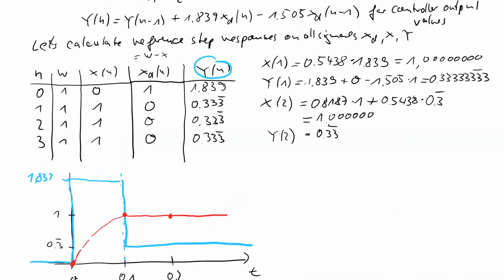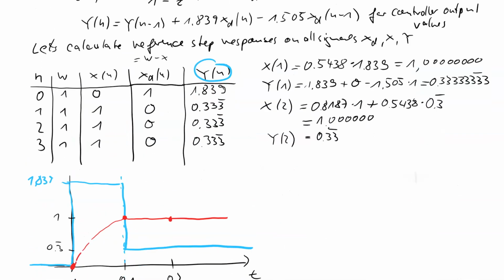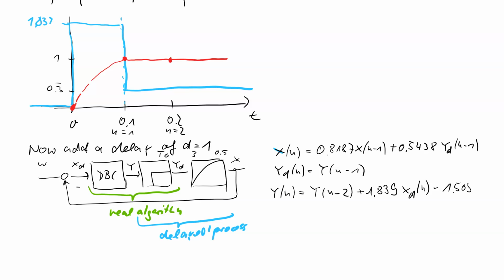What was q0? 1.839, plus 1.839 times control difference n minus 1.505 times y of n minus 1. The change is only this point, that in our algorithm we now have 2 delays. There is a 2-step delay of my signal.